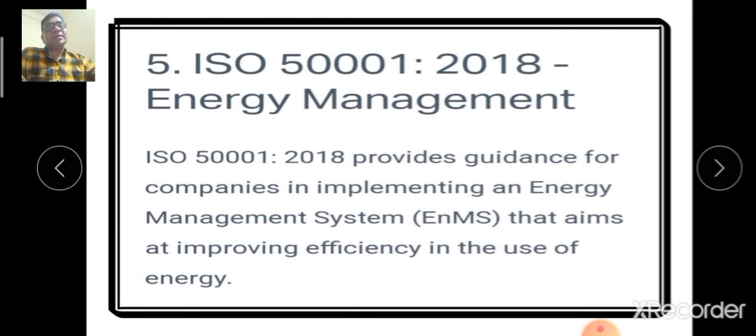Next series is ISO 50001, which is related with energy management, that is, the saving of energy. It provides guidelines for companies in implementing an energy management system that aims at improving efficiency in the use of energy.